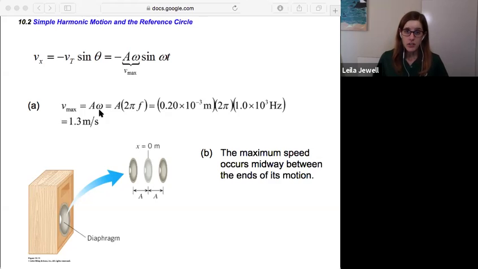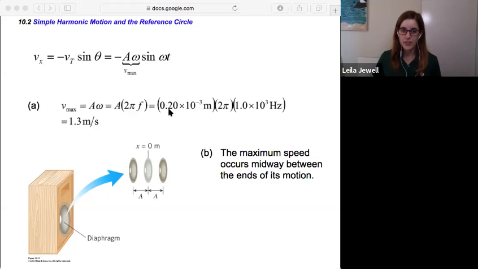So for this angular frequency, we're going to have to adjust to write it in terms of our normal frequency, right? So A times 2 pi times the regular frequency f. Now this is something we can calculate.